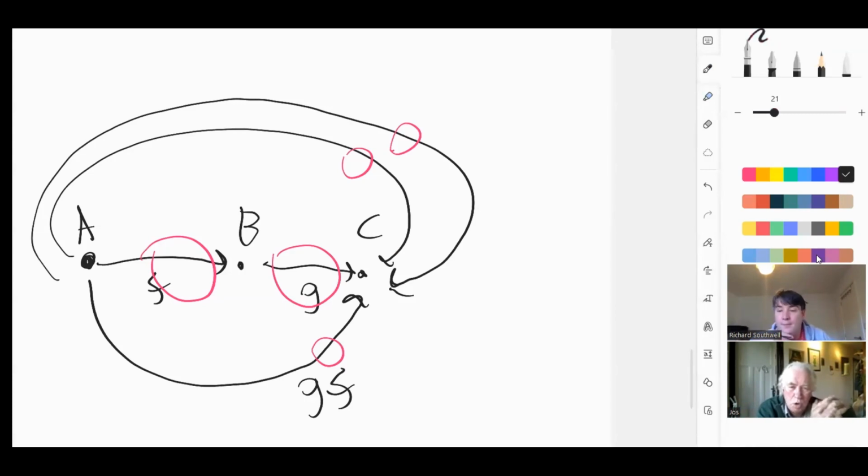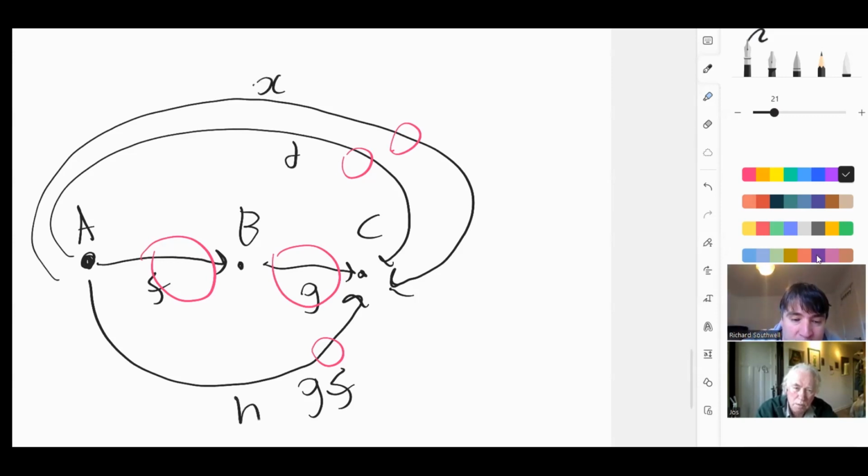Okay. And do you mean with it that A can also have the function, for example, D or X to C? Yes, exactly right. So we might have something called D here and something called X here.